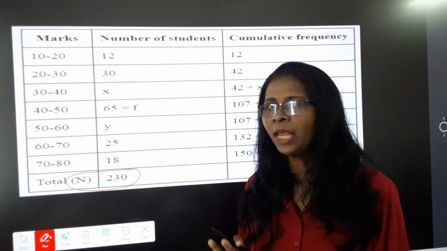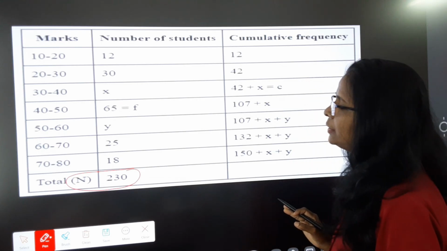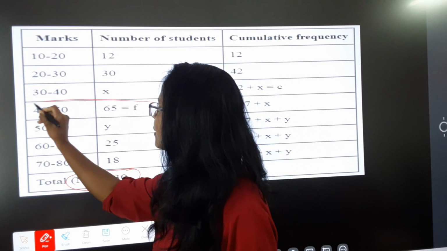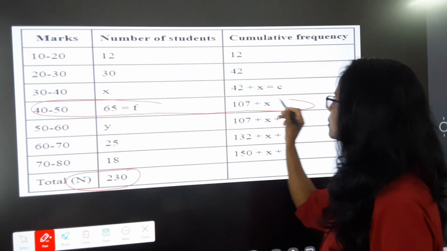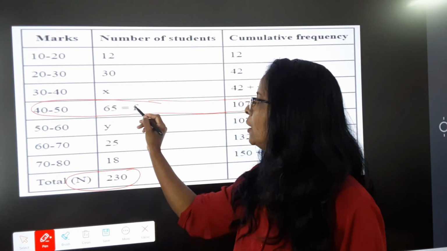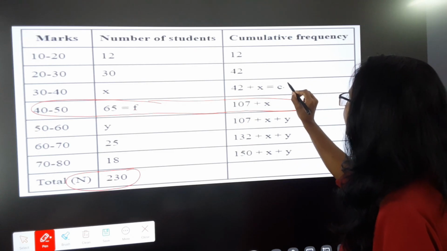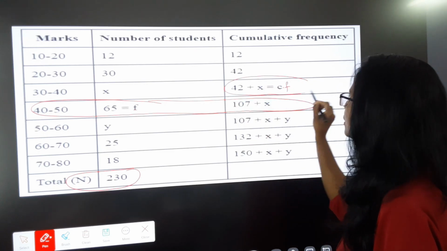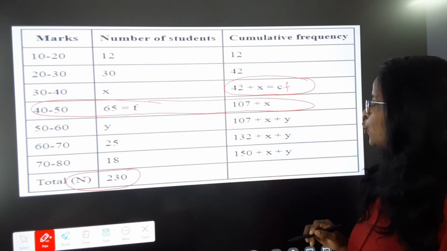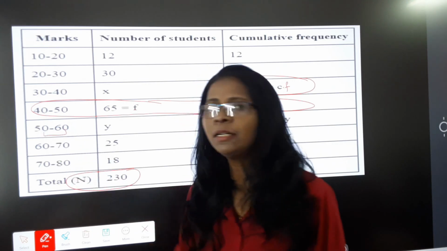Now the frequency, that frequency is 65. We choose this class because it has the maximum frequency 65. So here frequency is 65. And before that, this one, 42 plus x, is the cumulative frequency. And what about h? The h is 60 minus 50, that means 10.